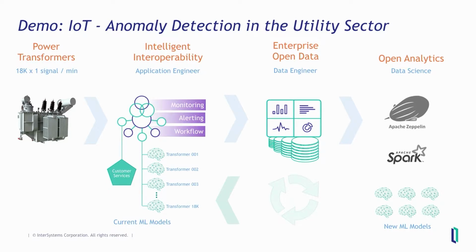So we have transformers, 18,000 transformers. And that's a real use case. And every transformer gives us a signal every minute about its temperature, vibration, oil temperature, several data points from that transformer.